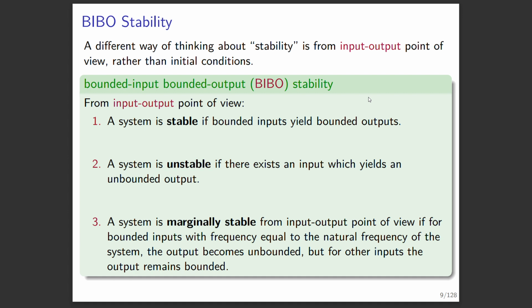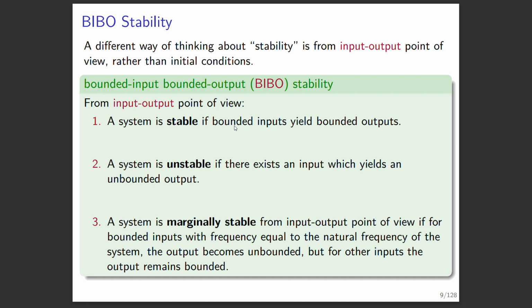So let's repeat again. A system is marginally stable if for all other inputs the output is bounded. So that's very similar to a stable system, except there is one specific input that the system is sensitive to.